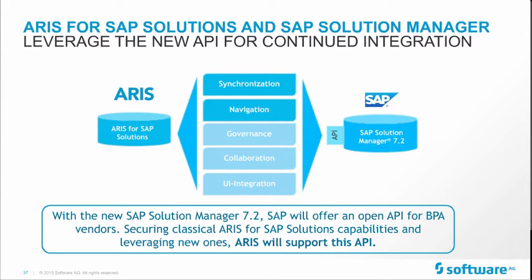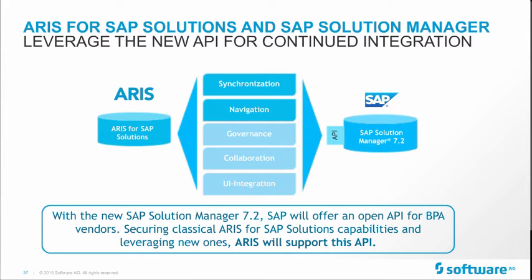So for those of you who are not using the interface between ARIS and SAP now, it means that shortly after the release of the API of SAP, we will offer basically a new technical synchronization between both systems. That's for those who are not using that. And for the companies already using the integration between ARIS and SAP Solution Manager, we will also offer in a dedicated release some migration path for you.